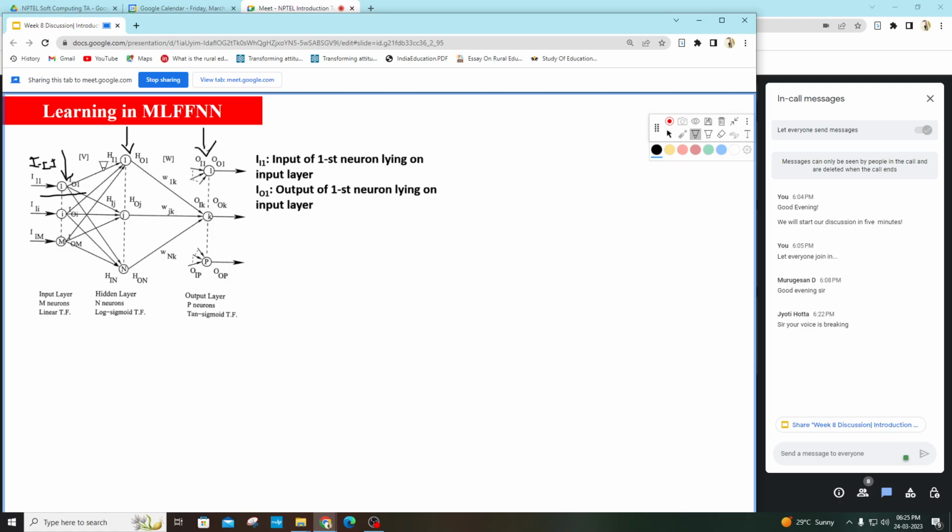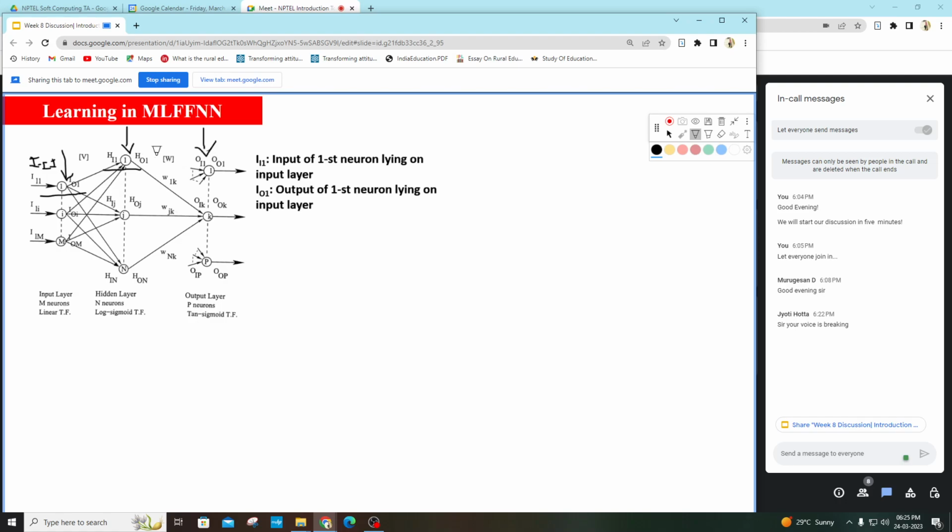Similarly, you can also analyze the hidden layer first neuron. So hidden layer first neuron HI1. H means we are talking about a hidden layer neuron, right? 1 means we are talking about the first neuron of the hidden layer, and I means we are talking about the input of the first neuron of the hidden layer.